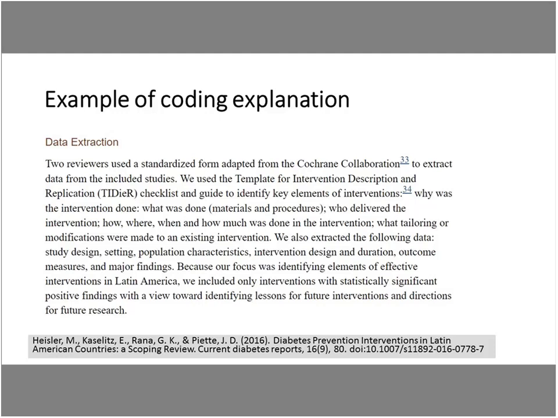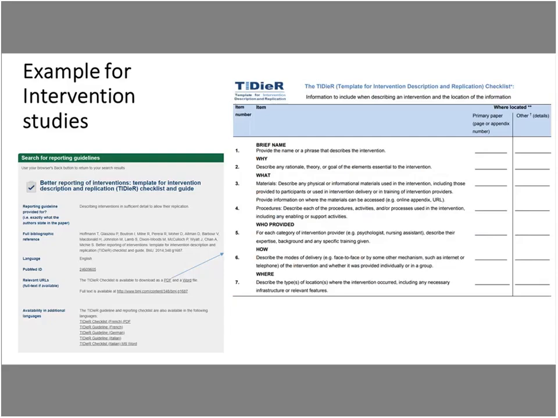So let's look a little bit more at the TIDieR. This is from the Equator Network. I was able to look up TIDieR because I knew it was a reporting standard, and they provided a link to the PDF from there. And then I could see that the way this one is written, they go through this why, what, who, which is how they were writing it up in the methods section there.